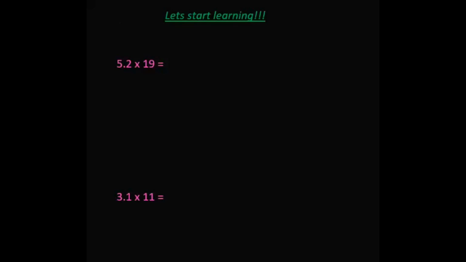We have two equations on this page here, so let's draw a model for both and try to find the answer. Okay, so this equation says 5 2/10 times 19. The model we're going to draw is called an area model.